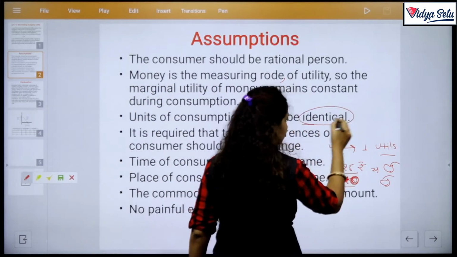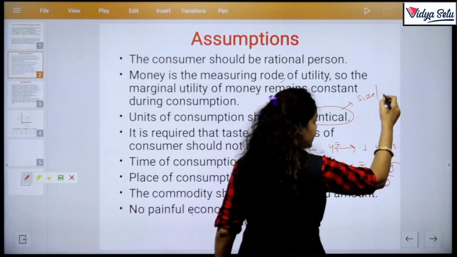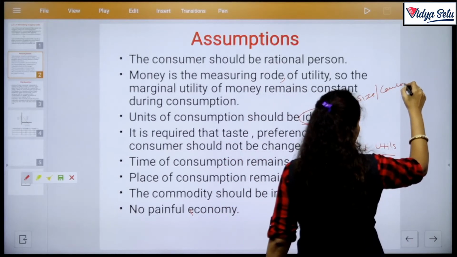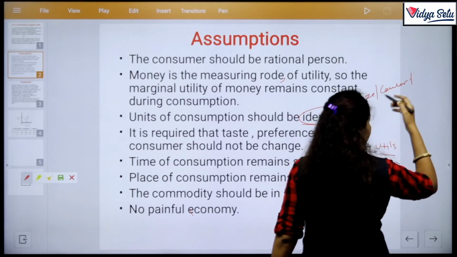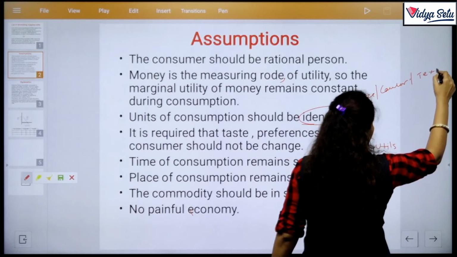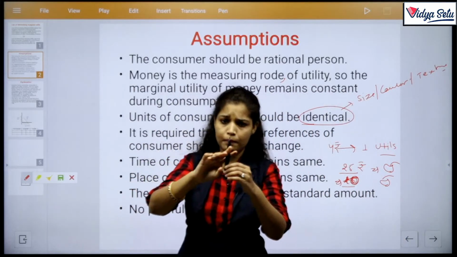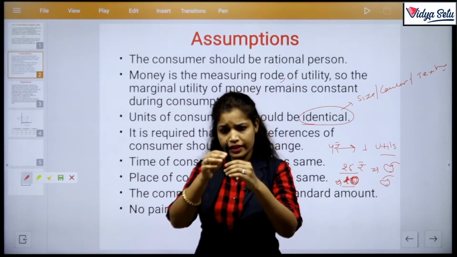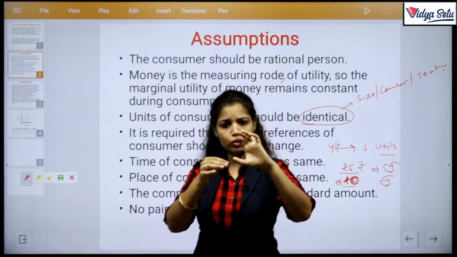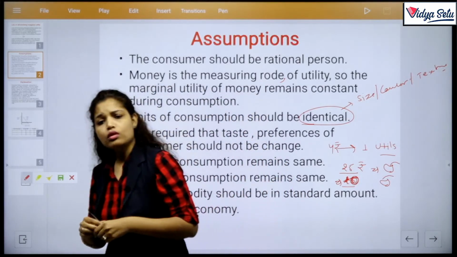Identical here means in respect of size, in respect of color, in respect of whatever the thing, size, color, texture, anything. Like this pen, if I purchase it for 35 rupees, then the next pen should be the same.